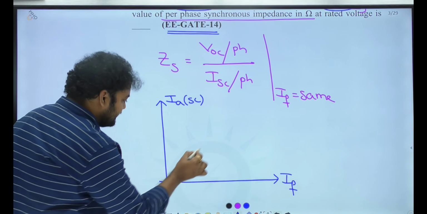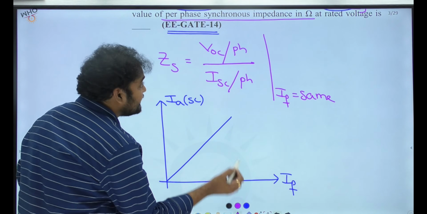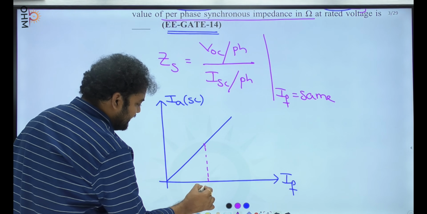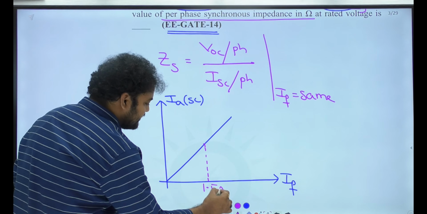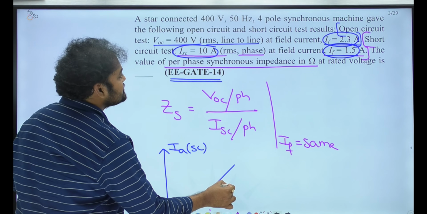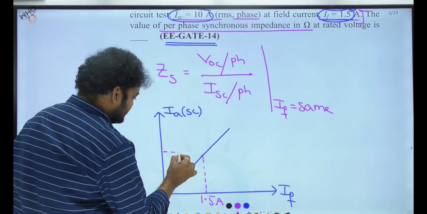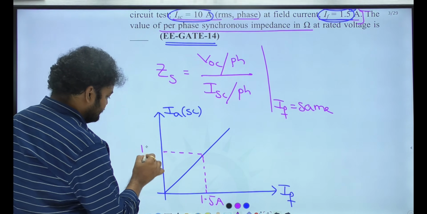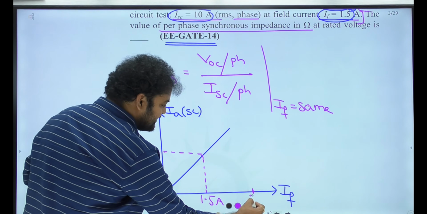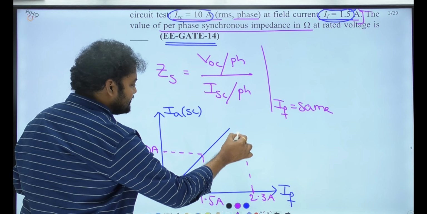In the given data, at 1.5 ampere of field current, the armature current flowing is 10 amperes. Suppose the field current increases to 2.3 ampere, what will be the value of the armature current? That is the question.